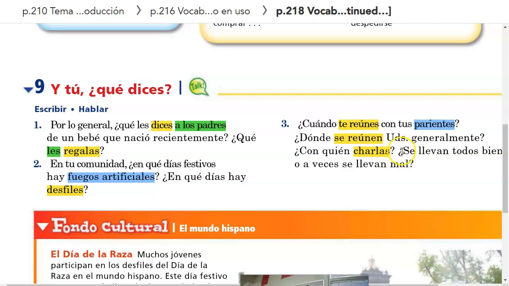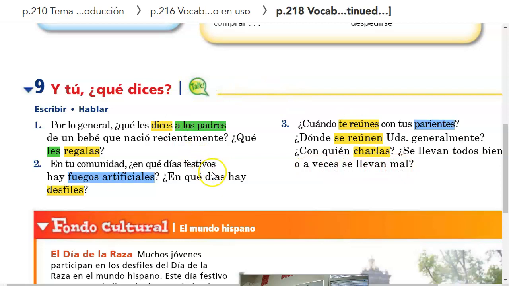So you can just take away the punctuation and say, "Se llevan todos bien." Right? Make it a statement by taking off the question mark. Or you could say, "A veces se llevan mal." Either way, it's up to you.